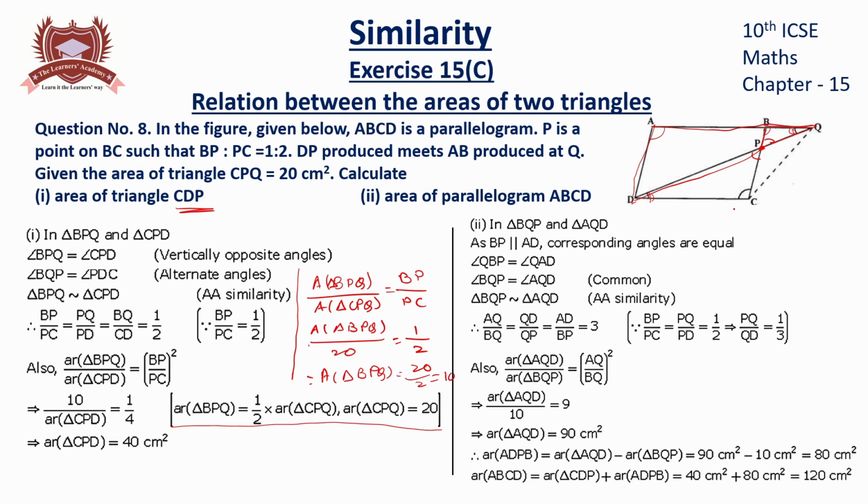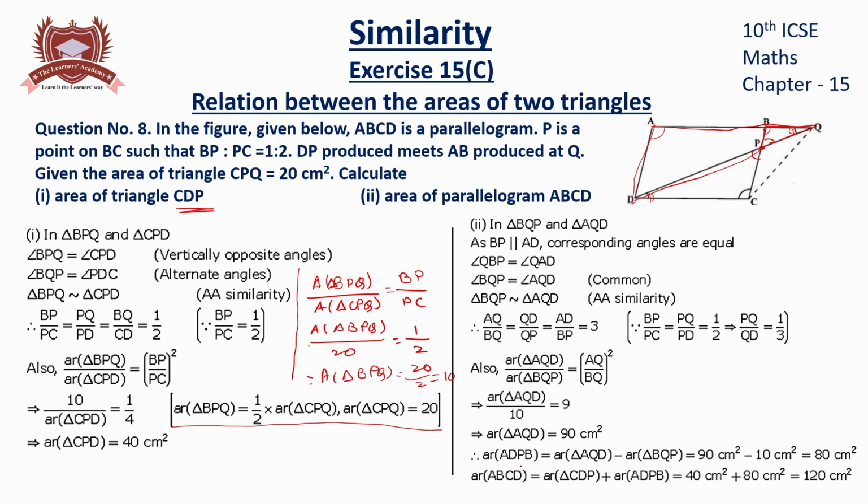So we can say that area of triangle AQD upon area of triangle BQP would be equal to AQ upon BQ square. So area of triangle AQD upon 10 is equal to 9, or area of triangle AQD is equal to 90 centimeter square.